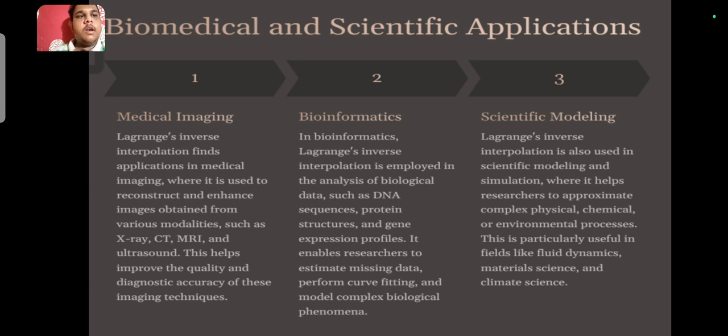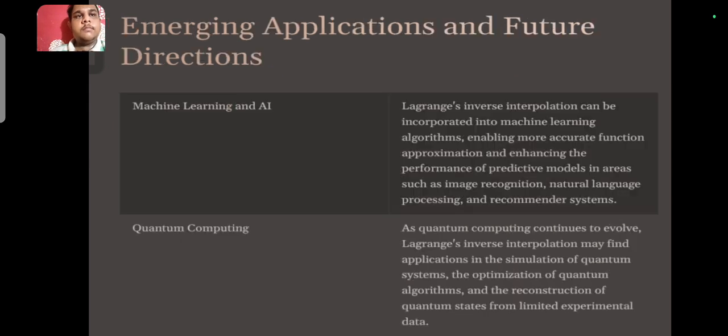Scientific modeling. Lagrange inverse interpolation is also used in scientific modeling and simulation where it helps researchers to approximate complex physical, chemical, or environmental processes. This is particularly useful in fields like fluid dynamics, material science, and climate science.